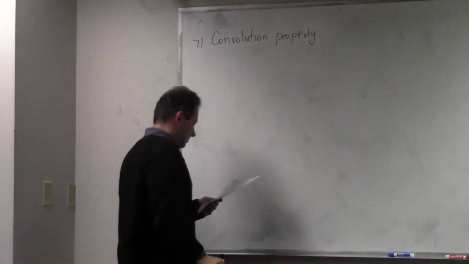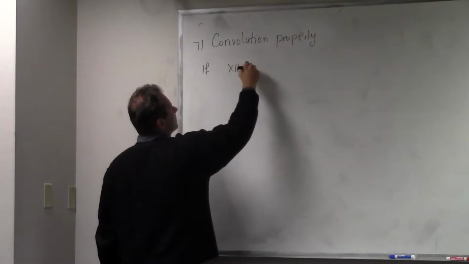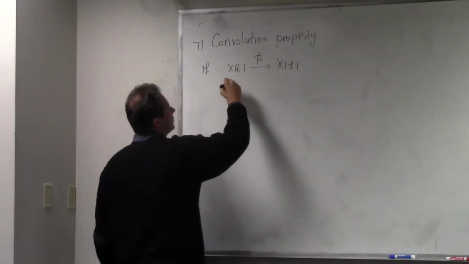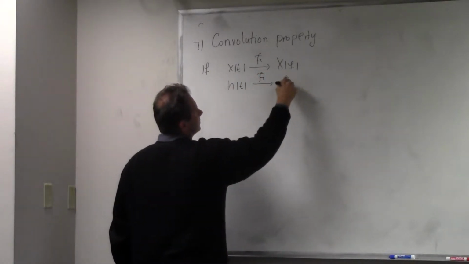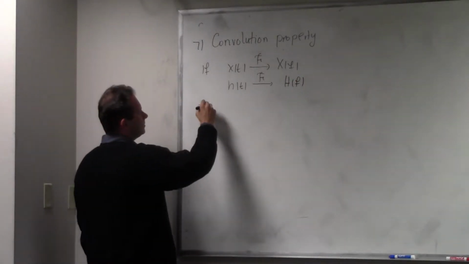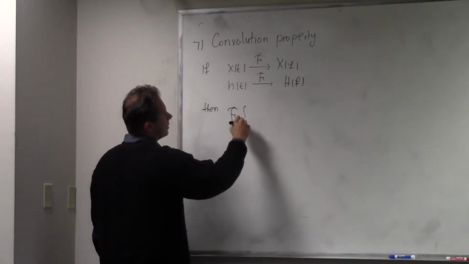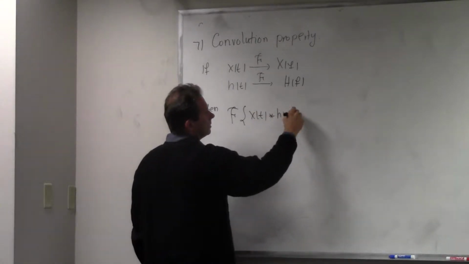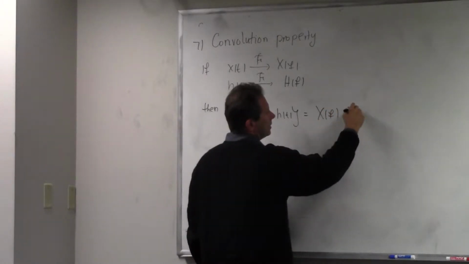We have two functions. One of them we call x of t, and this one has a Fourier transform X of f. The other one we call h of t, and this one has a Fourier transform H of f. Then the Fourier transform of x of t in convolution with h of t is equal to X of f multiplied by H of f.